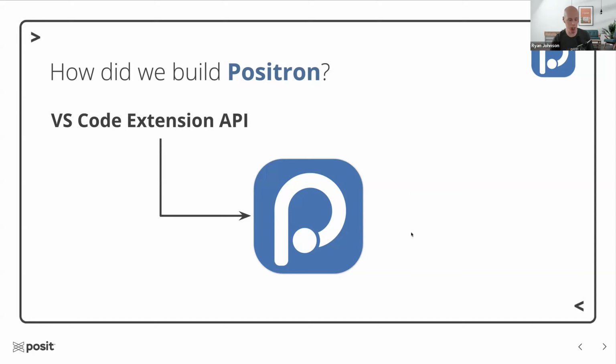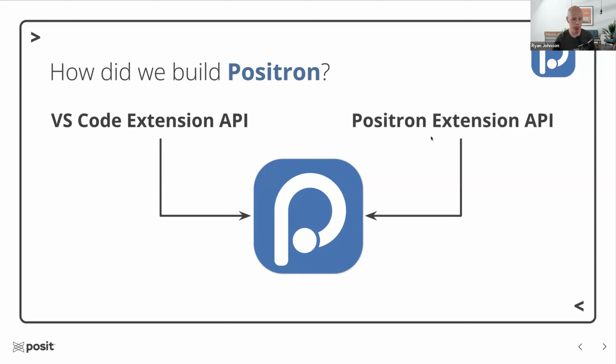But there is one additional API that I want you all to be aware of. That is the Positron Extension API. It is an additional API that we built into Positron. It sounds kind of simple just to say that, but taking it from the software engineer's mouth, this was a huge undertaking to create this additional API.